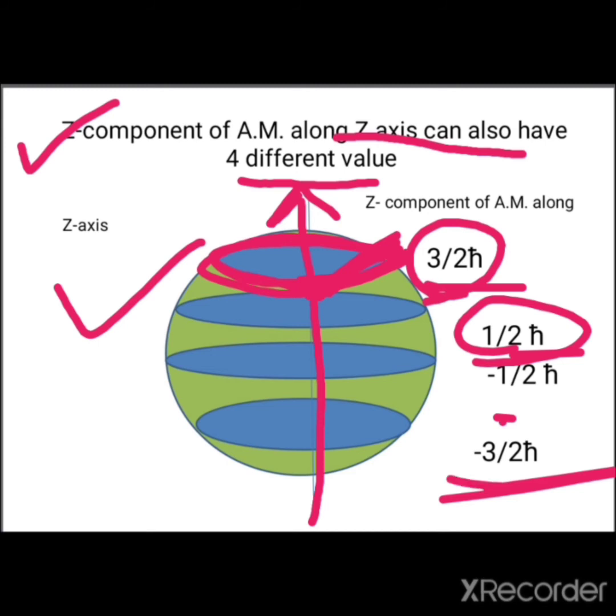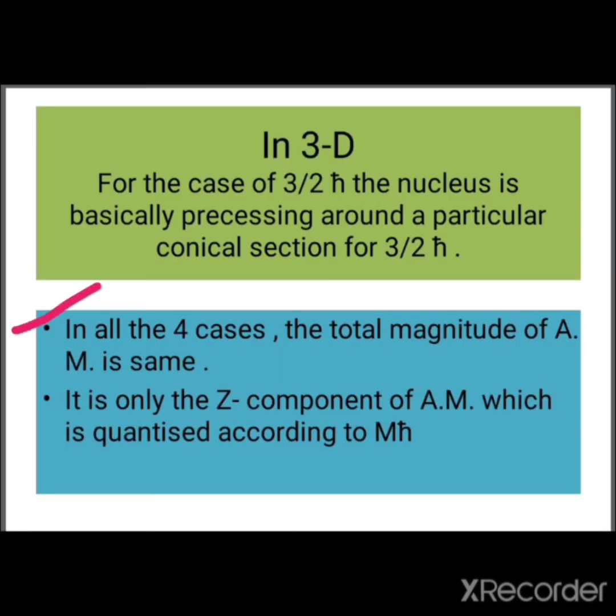Similarly, for minus 3 by 2 h cross, it will also precess around the z direction like this. In all four cases, the total magnitude of angular momentum is the same, and it is only the z component of angular momentum which is quantized according to M h cut.